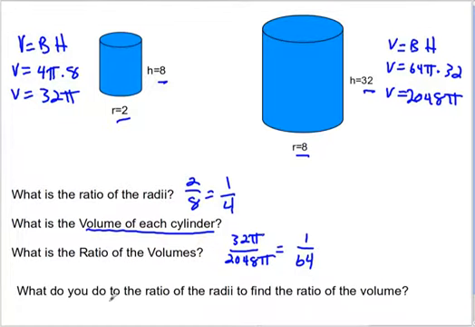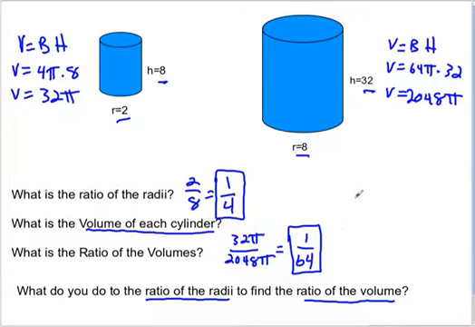Now this last question is the key. What do you do to the ratio of the radii? So that's this right here. What do you do to that to get the ratio of the volume? So let's just do that math right off to the side here. So the biggest difference between area and volume is, area we compute in two dimensions, and volume we add a third.